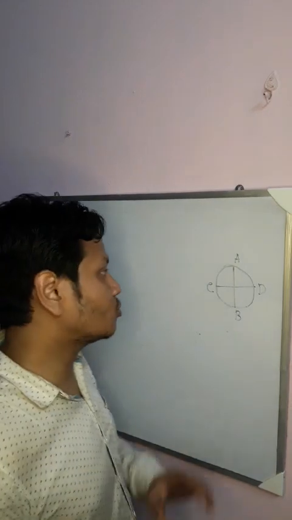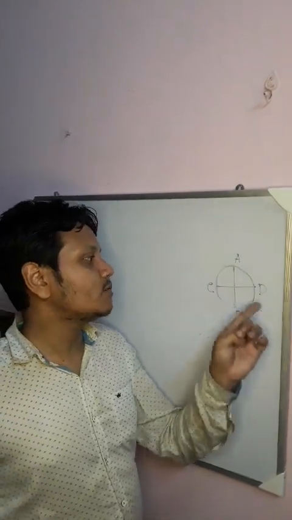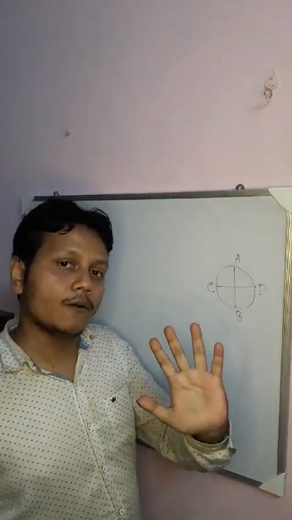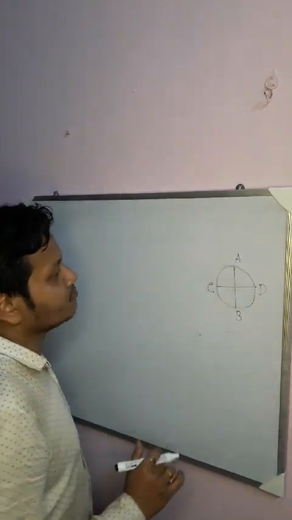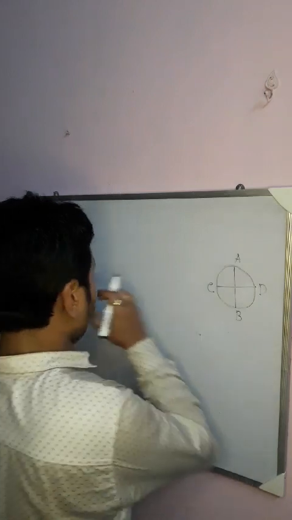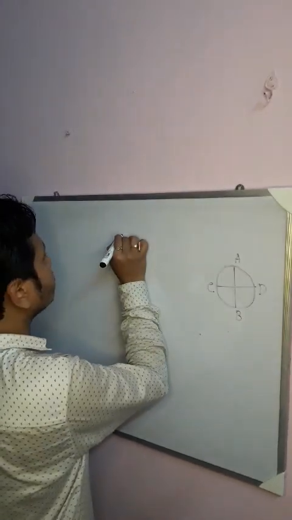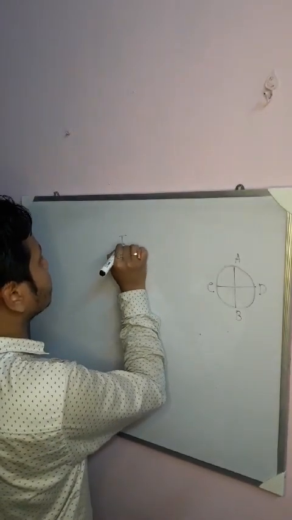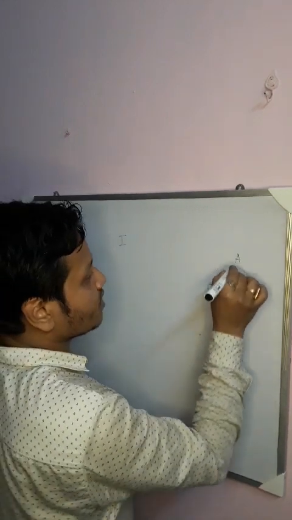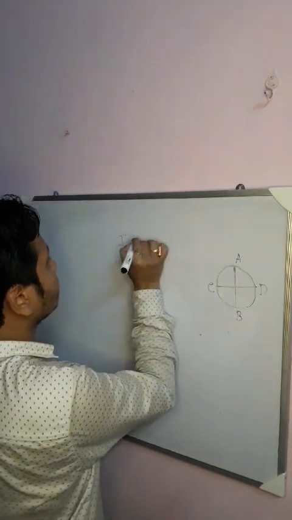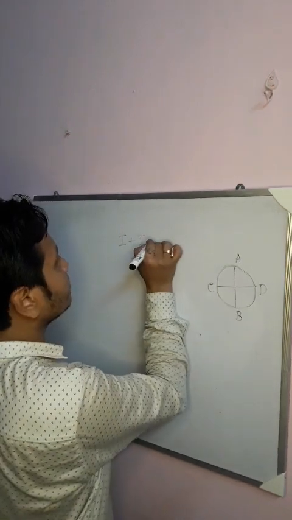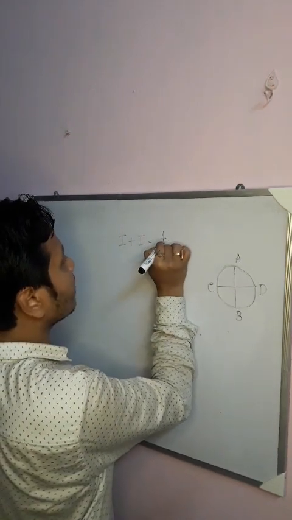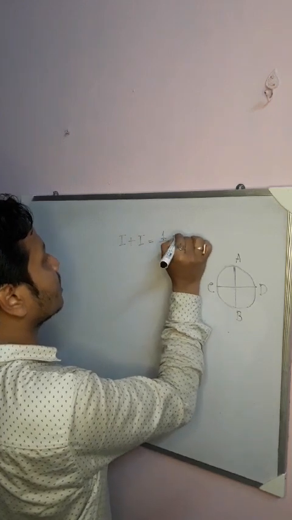And you also know that the moment of inertia about the two axes is equal, because both are diameters, so the moment of inertia will be the same for a symmetrical body. If we take the moment of inertia about the diameter AB as I, and that is the same for the diameter CD, so I plus I we can write as half m r square.